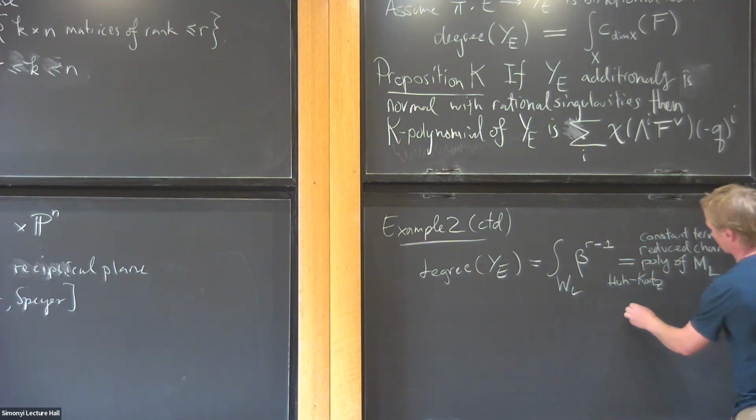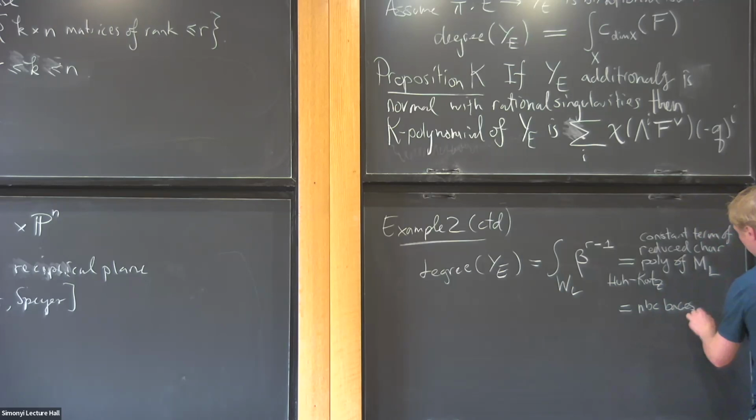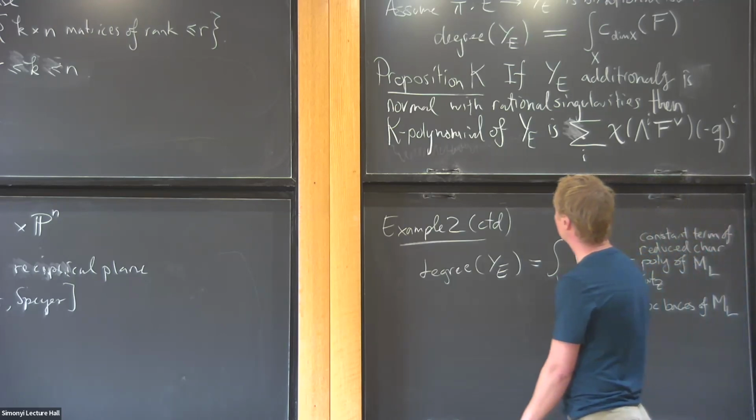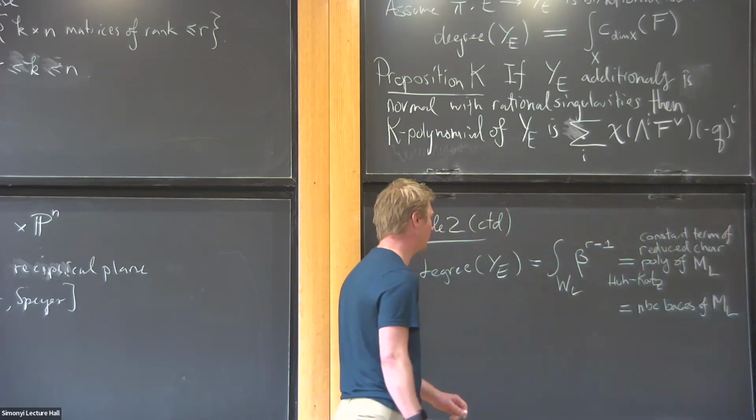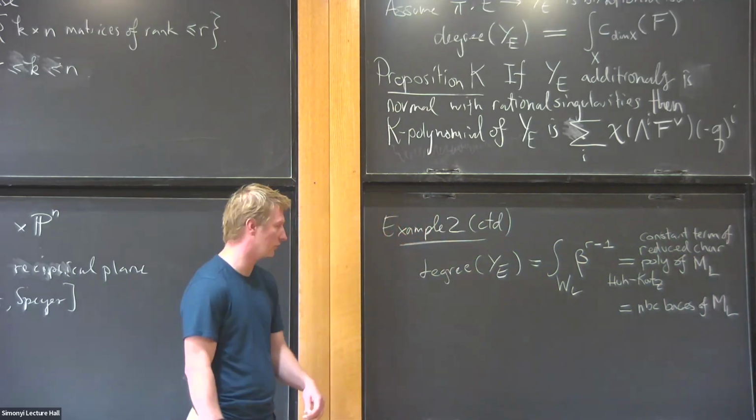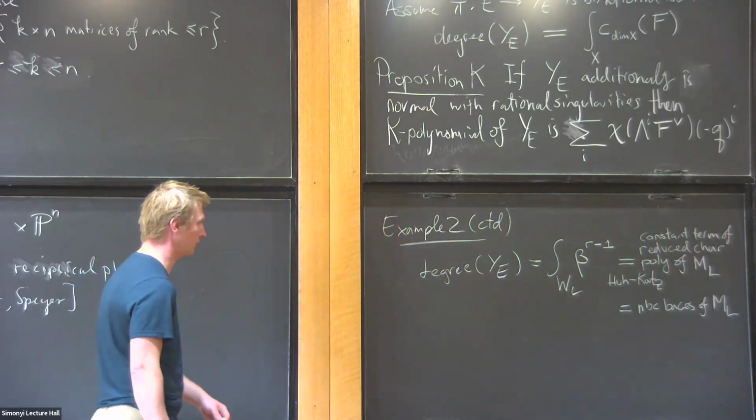In particular, there's another formula here, which says that this is going to be the number of NBC bases of the matroid of L, which, if you don't know what NBC bases are, you should just think of this as a count. Okay, so that's what happens when computing the degree. So this actually recovers a result of Proudfoot and Speyer.